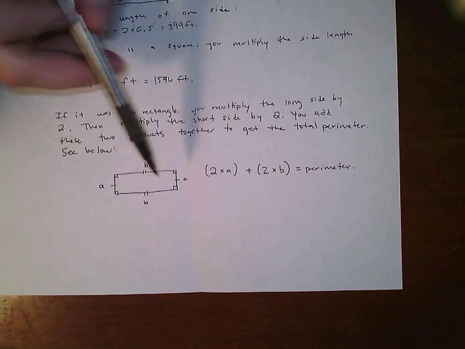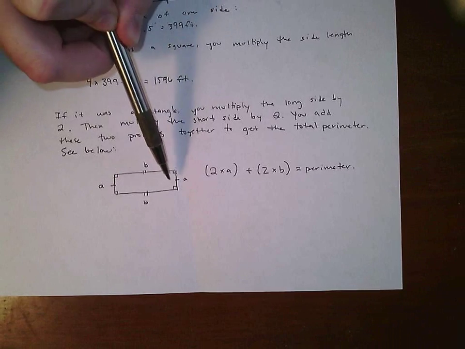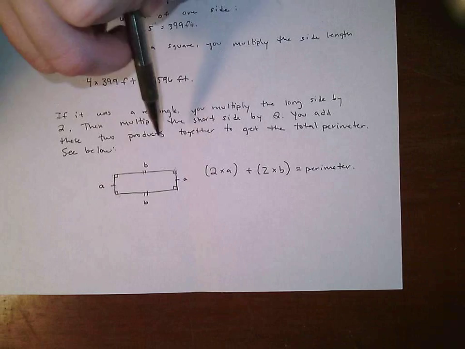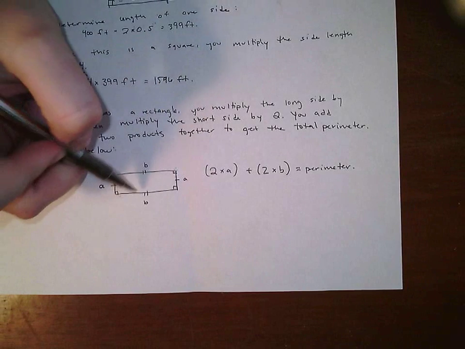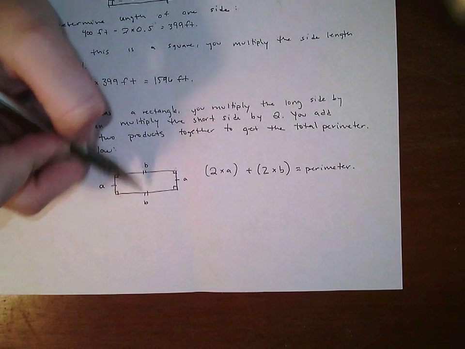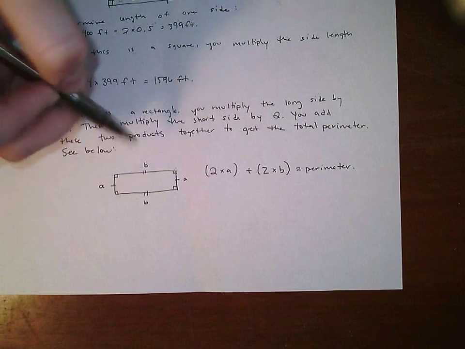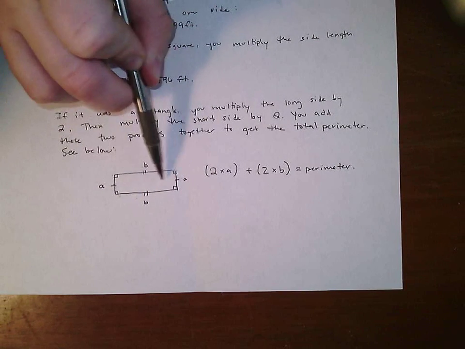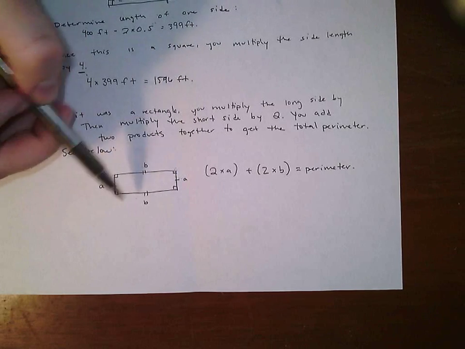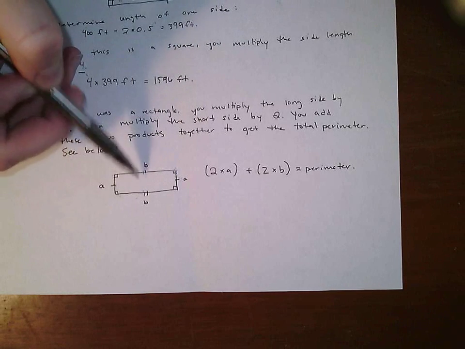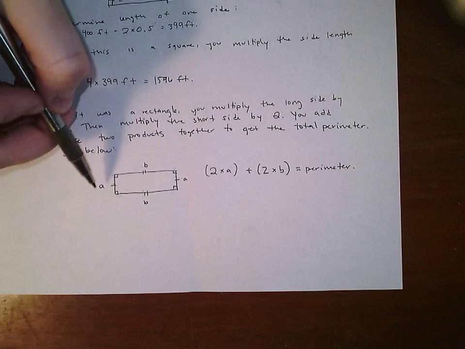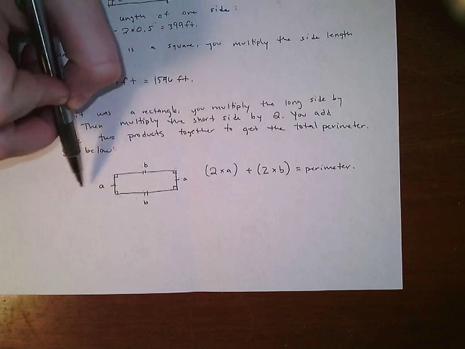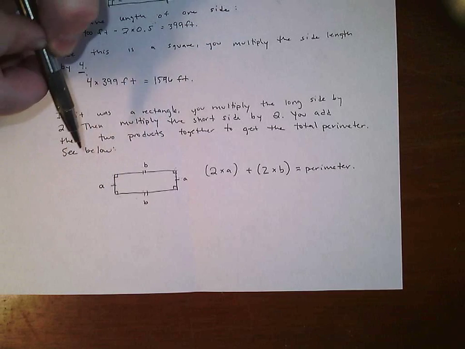So if it's a rectangle, the opposite borders of this fenced area are going to be equal, and then the other opposite length of the fence is going to be equal, as denoted by a single tick mark for the 2 sides with equal distance, and then 2 tick marks for the other sides of different distance. So in this case, I called the shorter sides A and the longer sides B.